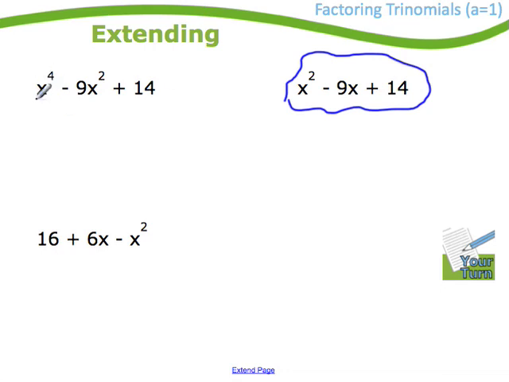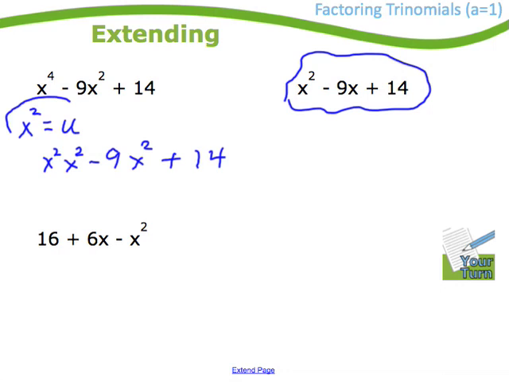What I could do, and the book shows you a number of different ways to solve this, is re-express this with a little trick that they use in the book, where x squared is equal to u. So at the first here, I actually have x to the fourth, or x squared times x squared, and then I have minus 9x squared plus 14.